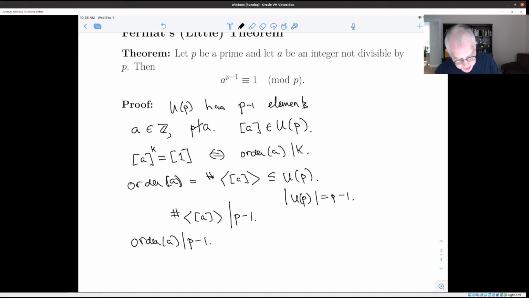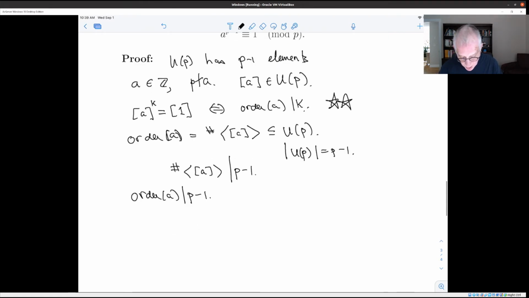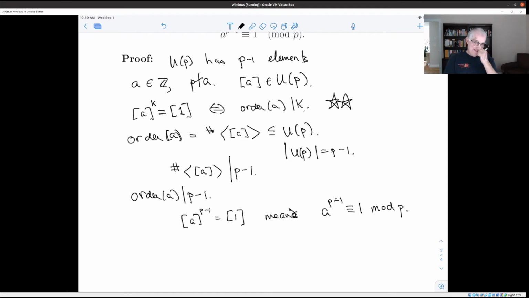But by this result, which we proved in our discussion of cyclic groups, if the order of a divides p minus 1, then a to the p minus 1 has to be 1 in the group. And this is just a fancy way of writing that a to the p minus 1 is congruent to 1 mod p. And so we proved Fermat's little theorem.